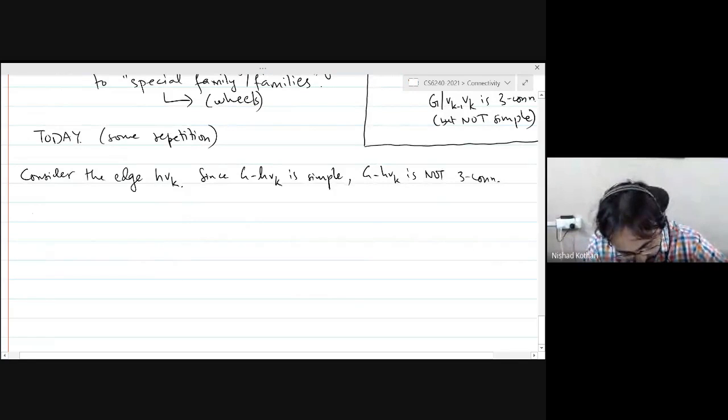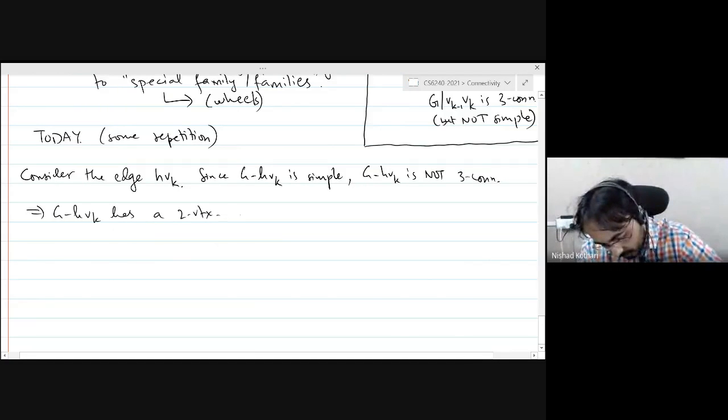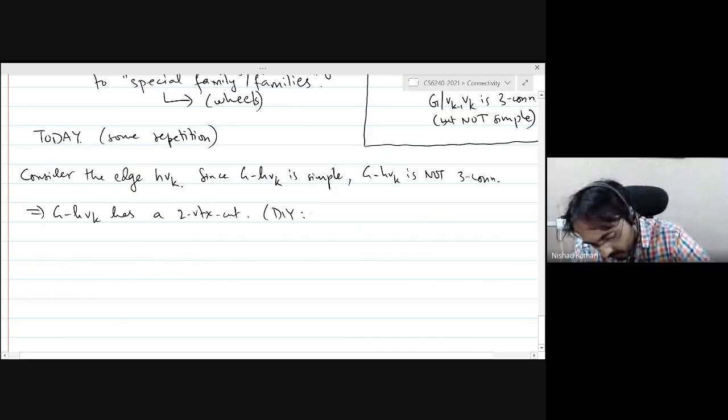So G minus HVK has a 2 vertex cut. It could also be a 1 vertex cut, but that is do it yourself. What if there is a 1 vertex cut? Okay, I won't care about that.